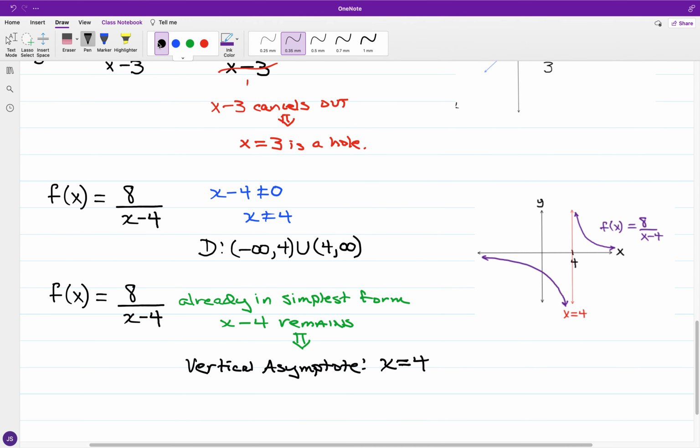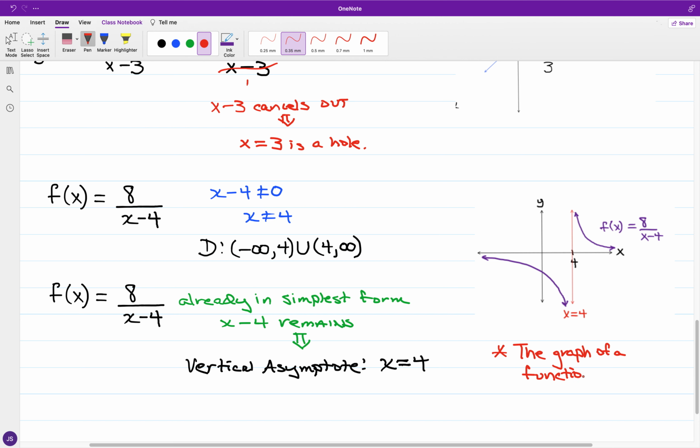And let me mention this, for vertical asymptotes, the graph of a function never touches a vertical asymptote.